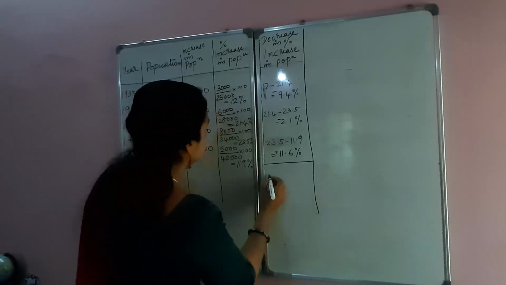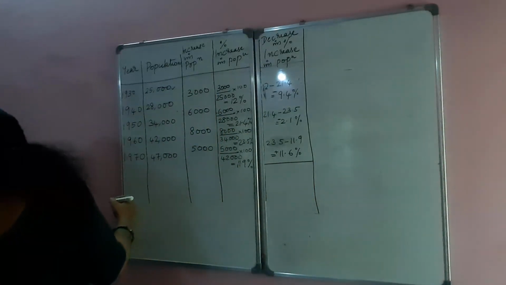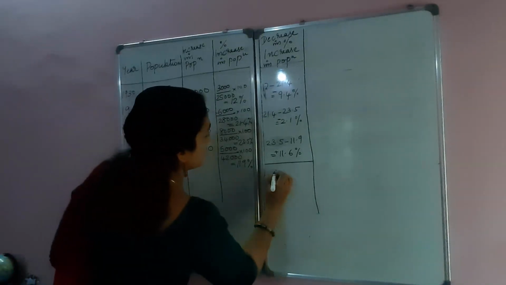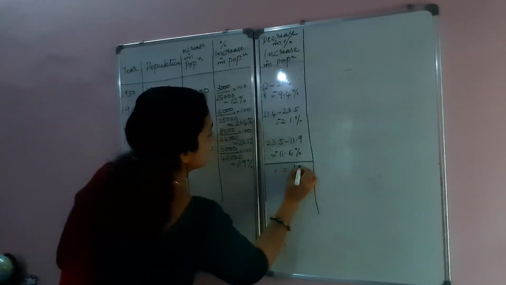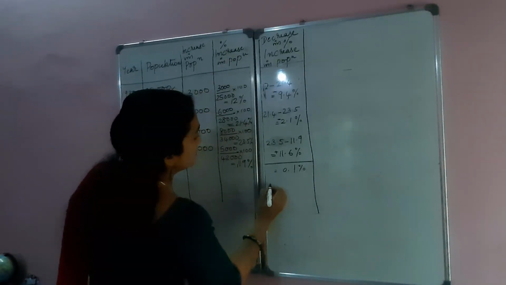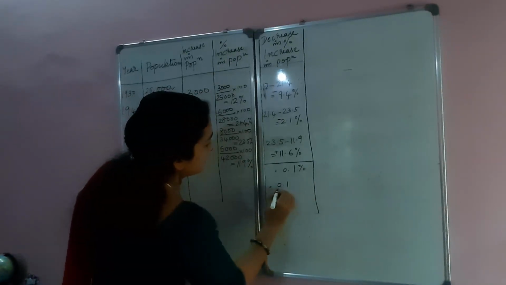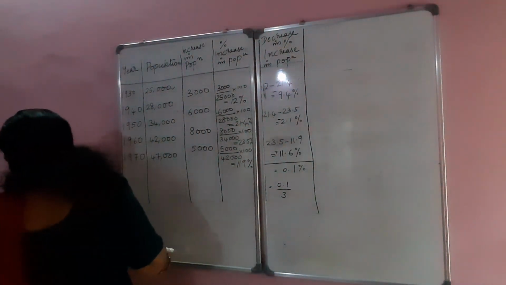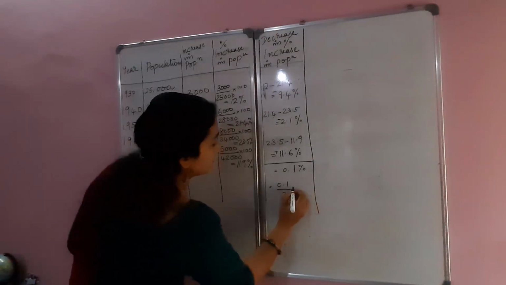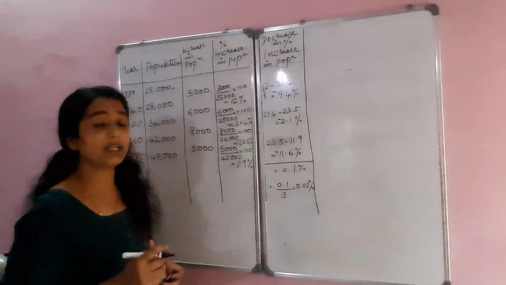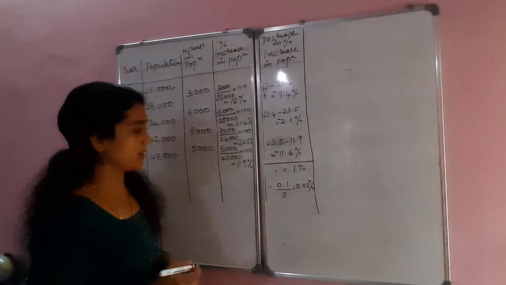Here the total is 0.1%, and the average value we get is 0.1 divided by 3, that is 0.03%. 0.03% is the average decrease in rate of growth.